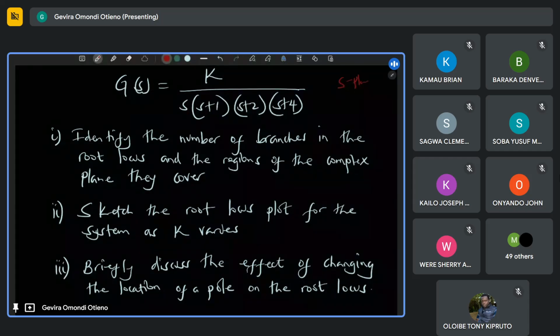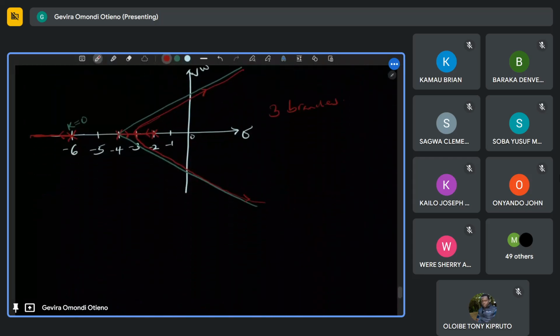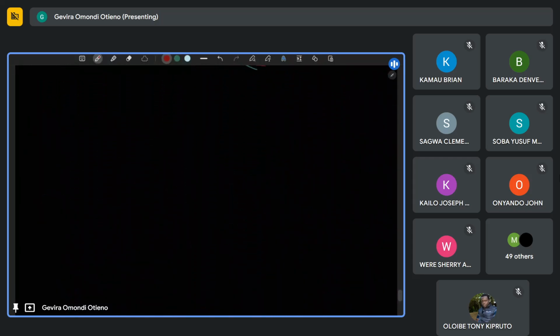Okay, so let's start by solving this for the few minutes that's remaining. The question is pretty straightforward. Before we sketch the root locus, let me just write the question again.